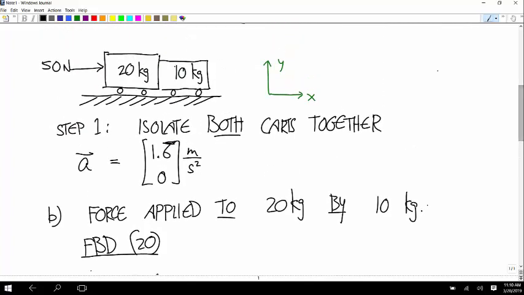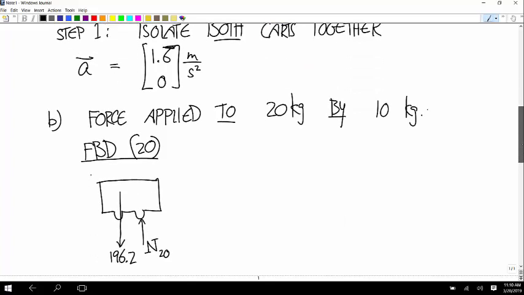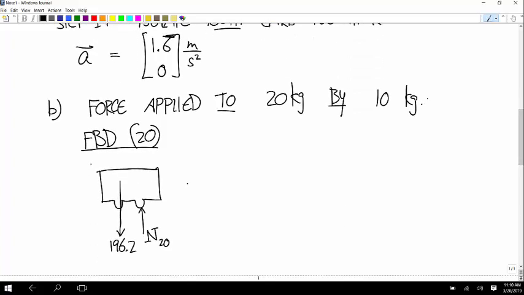And then there's also a pushing contact force applied by the 10 kilogram cart. And you know that's pushing because if that force wasn't there, those two things would merge. So we have a force that's perpendicular to the surface of contact, so it's horizontal toward the chosen body.